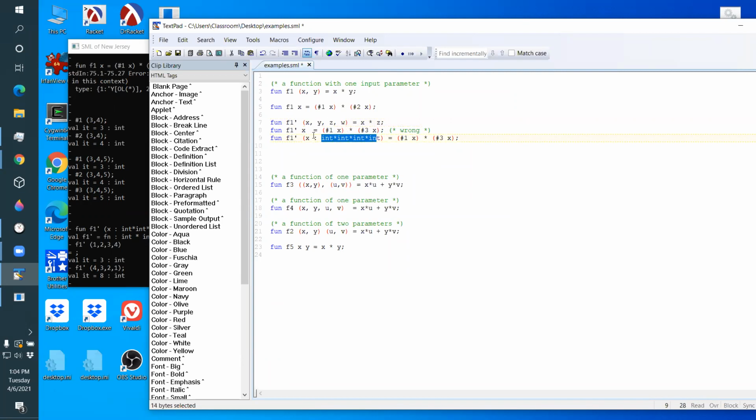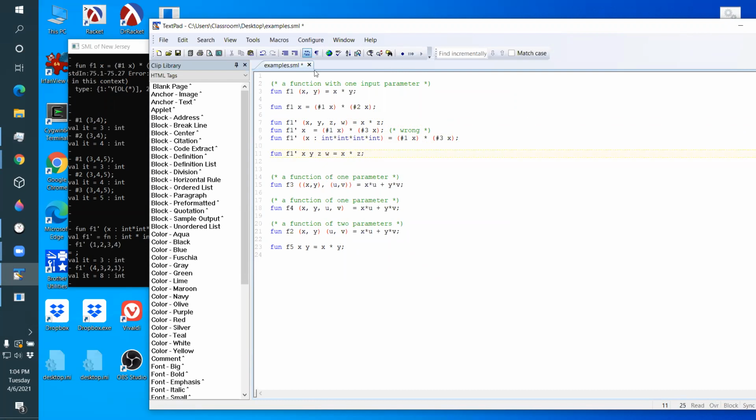But the key is that this is not a curried function. It's a function of only one input. So this one is not a function of 4 inputs. It's a function of one input, a quadruple. Now if I want to write it as a function of 4 inputs, I can write it this way: f1 prime of x, y, z, w, and the result is just going to be x times z.